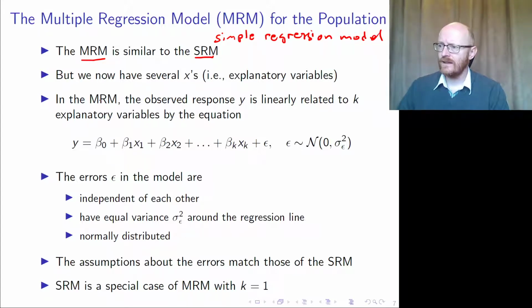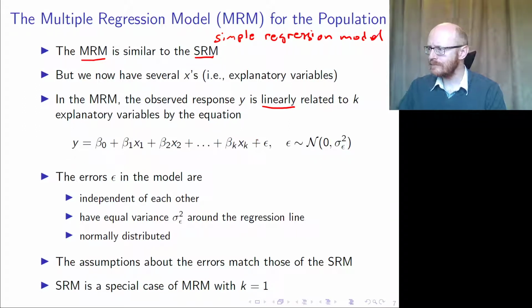So in the multiple regression model, the response variable is still linearly related to the k number of explanatory variables, and we have this equation.